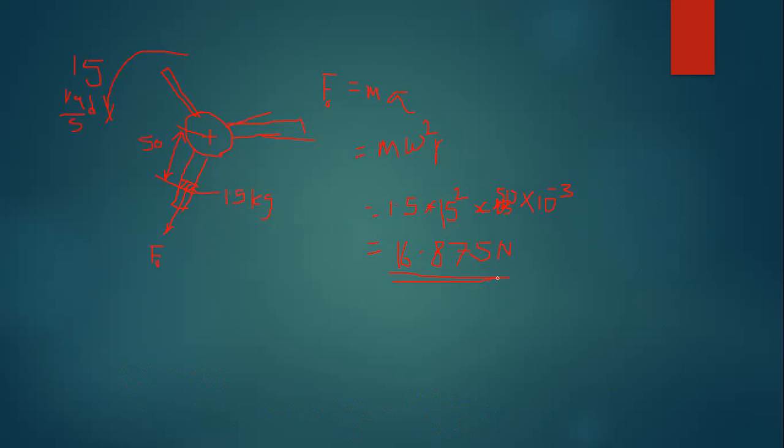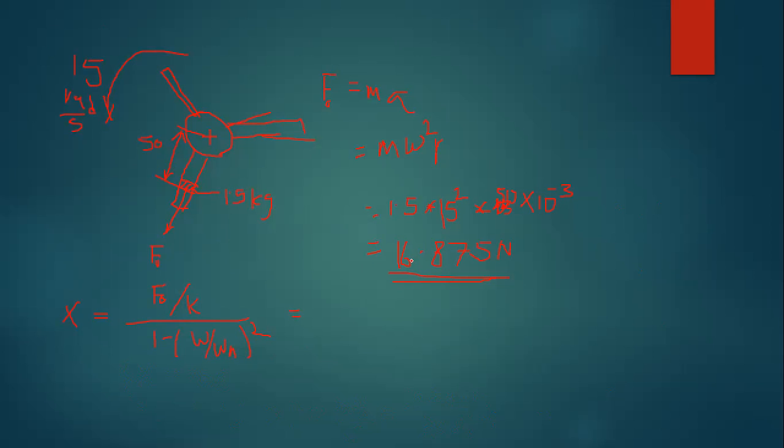When we have calculated this F naught, to find the steady state amplitude we have this relation: X equals F naught over K, divided by 1 minus omega over omega n, the whole squared.